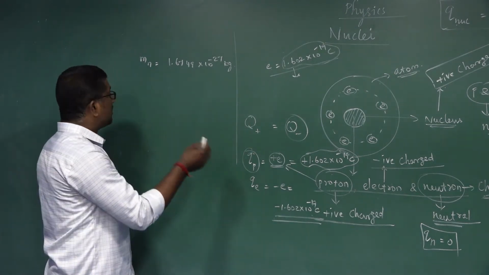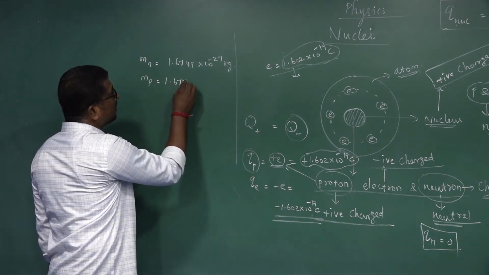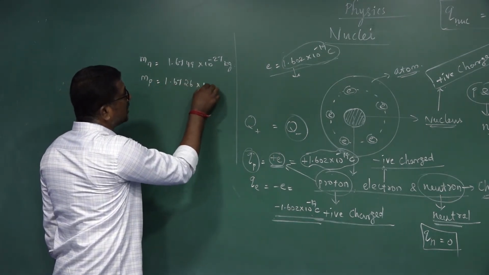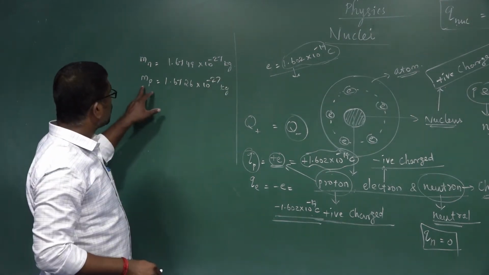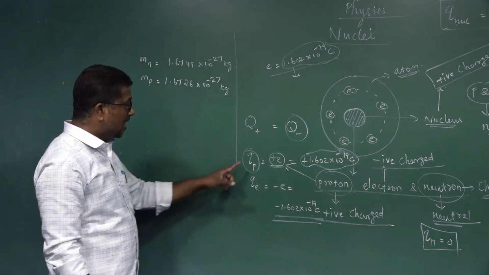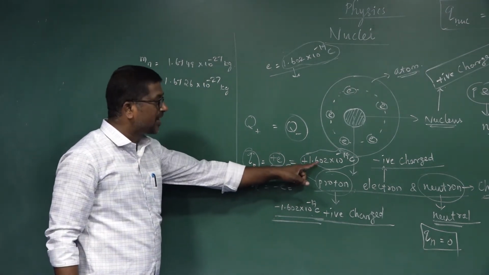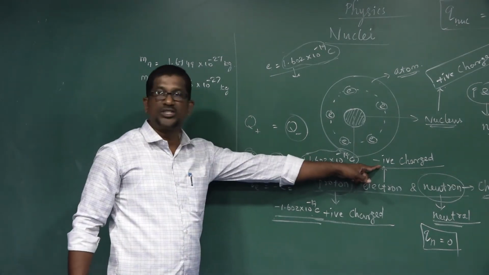Right? And the mass of a proton is 1.6726 into 10 power minus 27 kg, and the charge of a proton is plus 1.602 into 10 power minus 19 coulomb, and the proton is a positively charged particle.